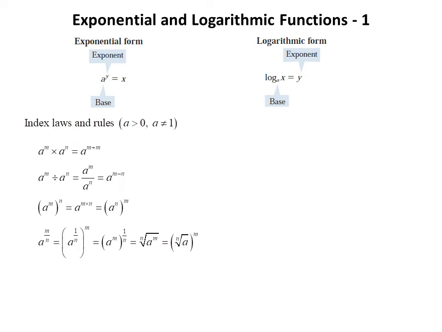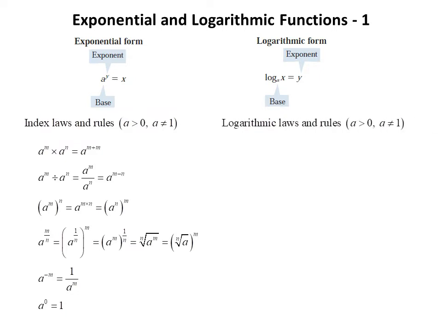A fractional index like a to the m over n can be expressed as the nth root of a raised to the mth, or the nth root of a, in parentheses, raised to the mth. A negative index can be expressed as 1 over the base numeral. Any term with an index of 0 is equal to 1.